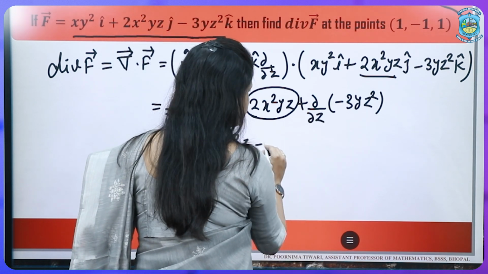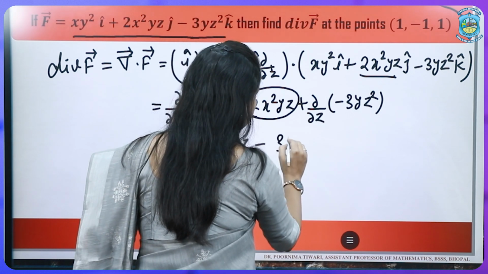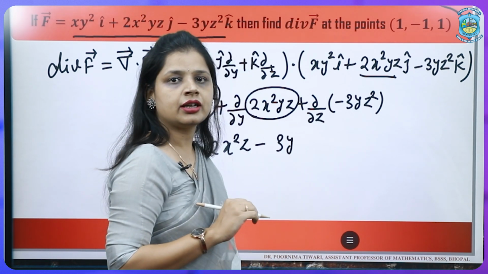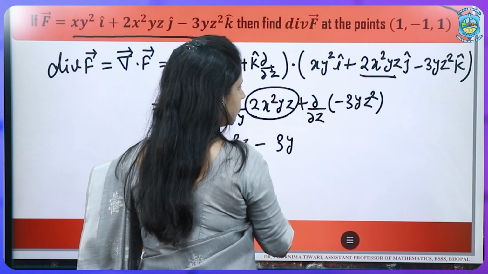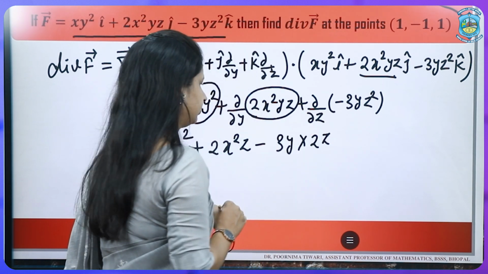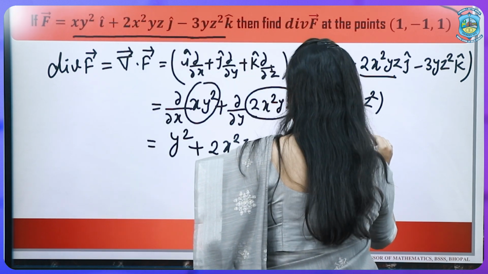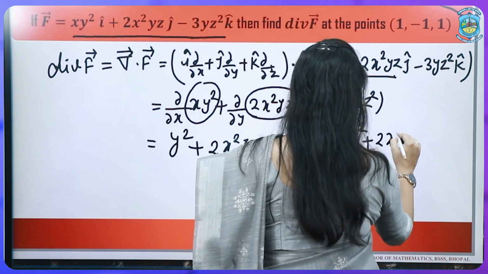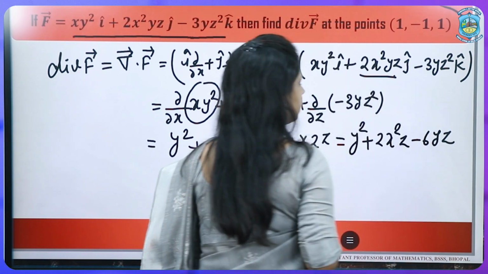This plus minus is minus. Now, the term 3y will be as it is and we will do partial differentiation of z square with respect to z. So, that will give us 2z. So, on further simplifying, this term would be y square plus 2x square z minus 6yz.